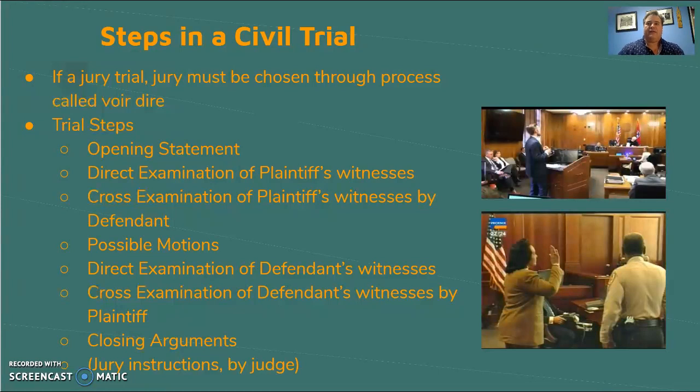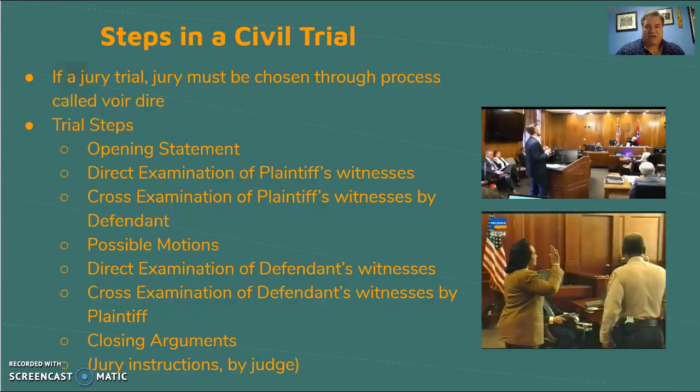This is where the attorneys tie all the witness presentations and the evidence together into a coherent story that ties into their opening statement, ideally, showing how they proved liability for the plaintiff or showing how the case doesn't hold water on the defense side.